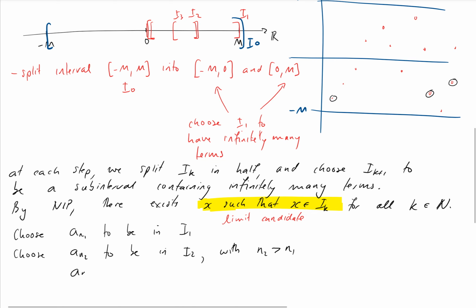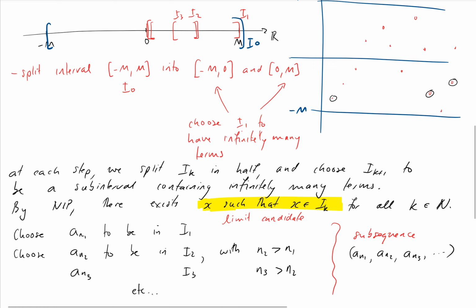And then we'll choose a_{n3} to be in I3 with n3 greater than n2, etc. So here is our subsequence a_{n1}, a_{n2}, a_{n3}, and here is our limit candidate x, which is the thing that's in all intervals.